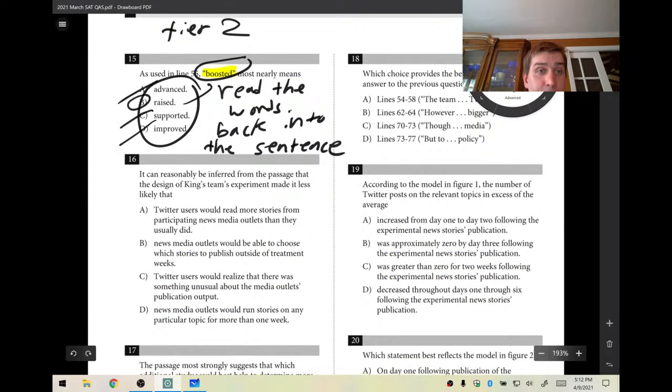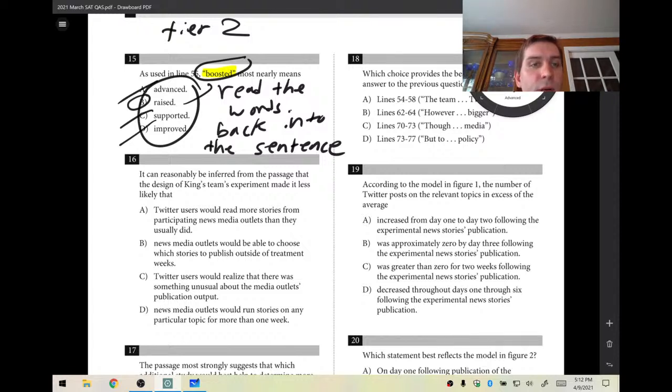Let's try 16. It can reasonably be inferred from the passage that the design of King's team's experiment made it less likely what? So did it make it less likely that Twitter users would read more stories from participating news media outlets than they usually did? I don't even know how King's experiment would make it so that Twitter users would read more stories from participating news outlets.